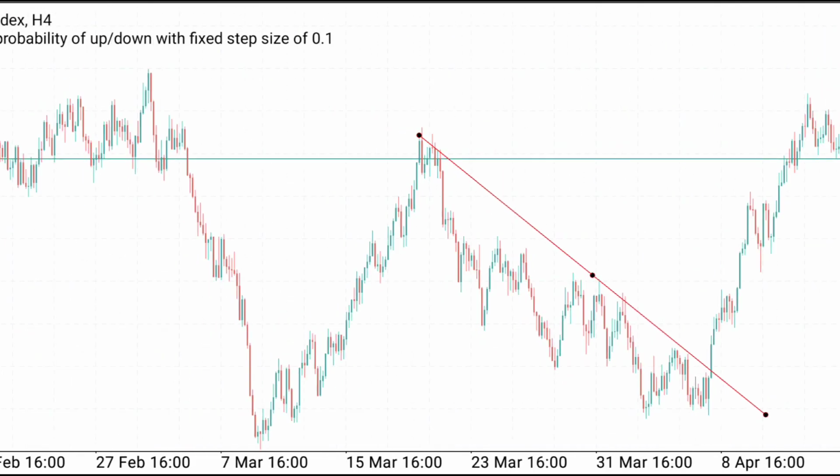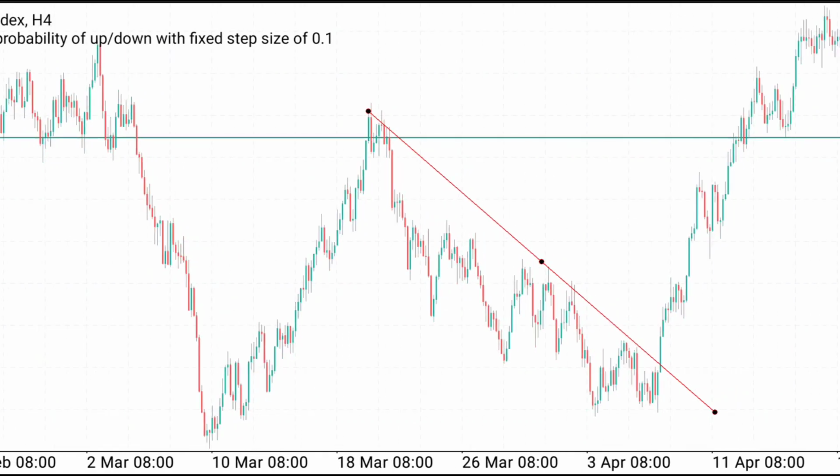When you spot it, one thing you need to know is if a trend line breaks a wick, it is still a valid trend line. If a trend line breaks the body of a candle, it's no longer a valid trend line. Please, let's know this.